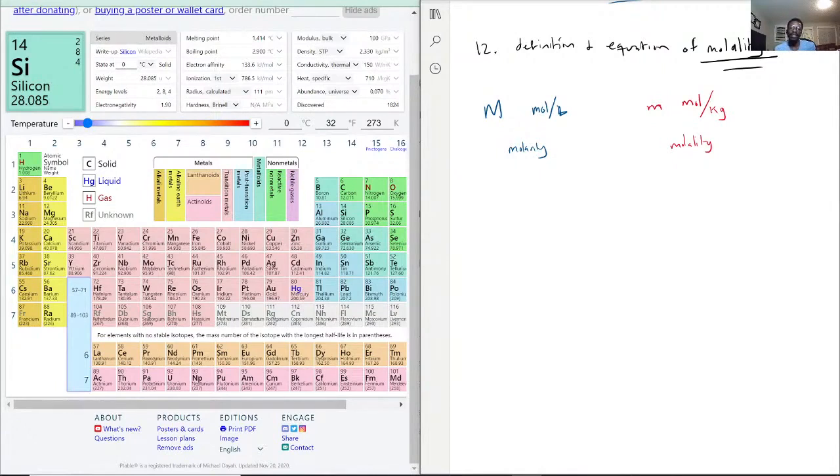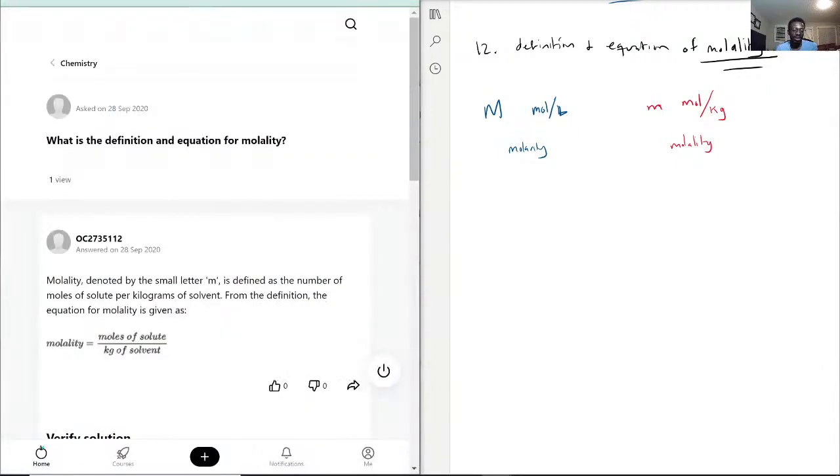Depending on whatever you're mixed with, I believe it's typically water, because that's the typical aqueous solvent. But they do end up being fairly similar with each other. At least that's what I believe molality is.